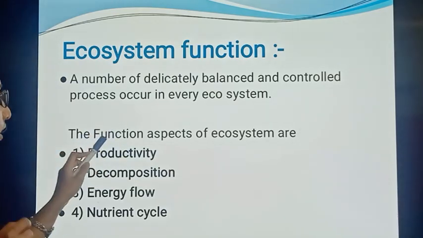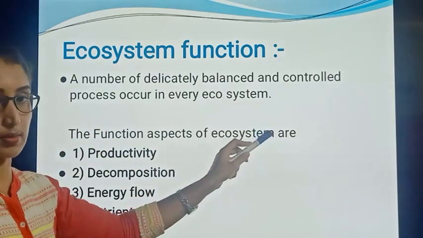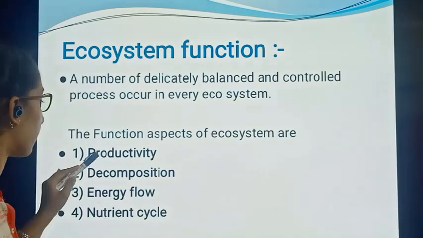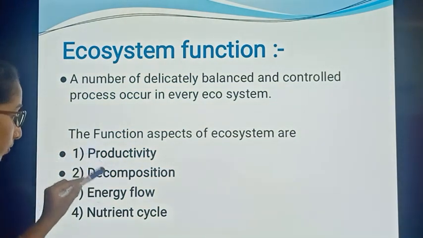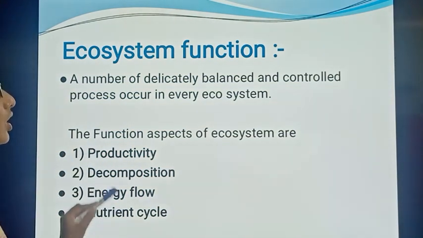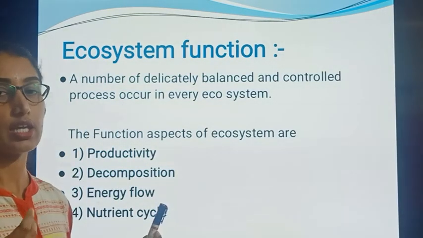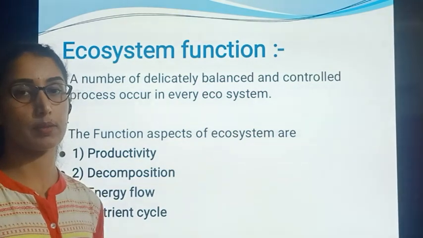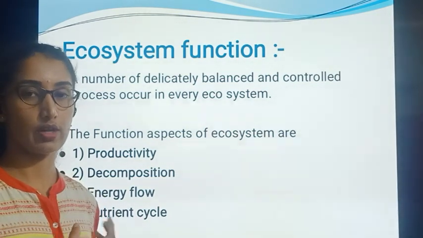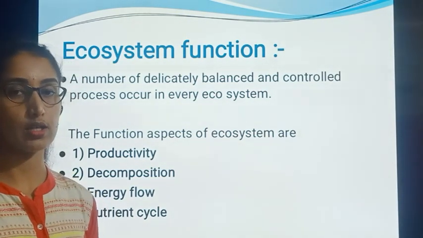Which are those? The functional aspects of an ecosystem. The first thing is productivity. These functions are seen or observed in all types of ecosystem, that may be terrestrial or aquatic or any man-made ecosystem.